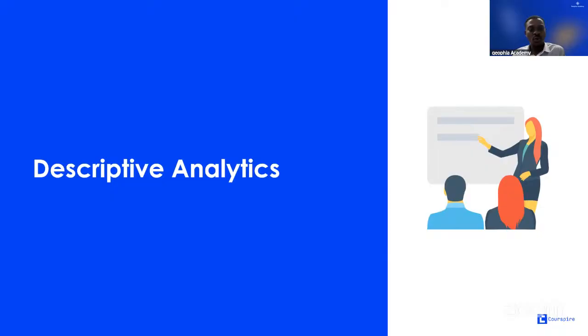That helps you to understand where your core audience is located. Customer segmentation based on past purchases. So descriptive analytics is just focusing on summarizing historical data to identify patterns and trends because you want to know what actually happened, how you got here.